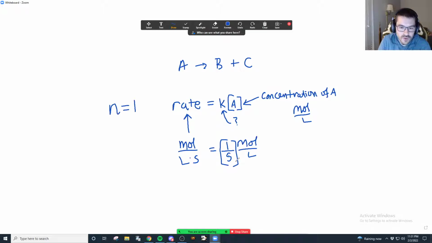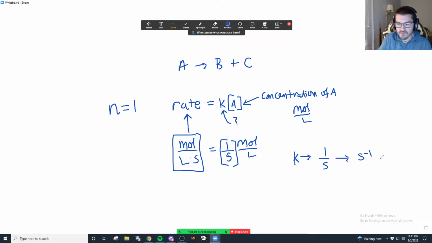This is what the units would need to be in order to end up with the units for the rate that we need. This is referred to as inverse seconds. Sometimes it is represented like this, seconds to the -1.